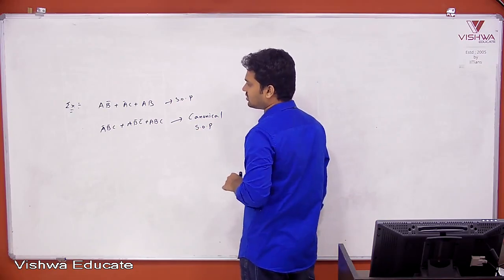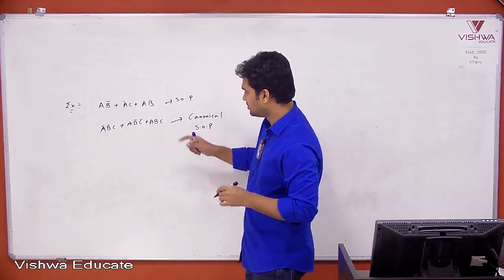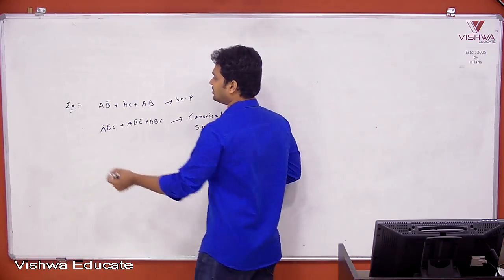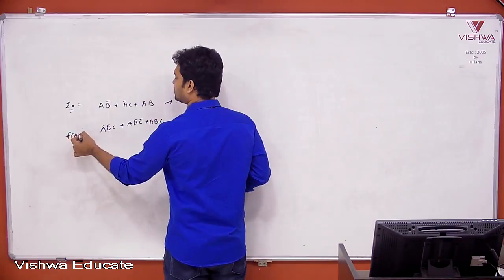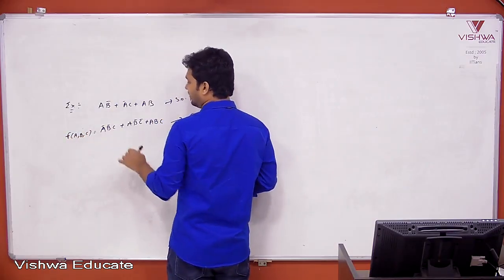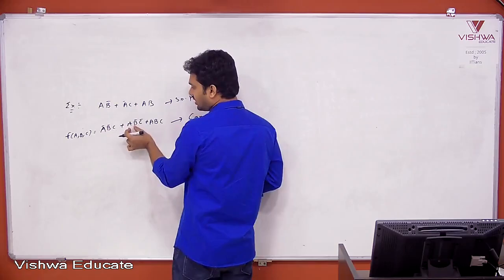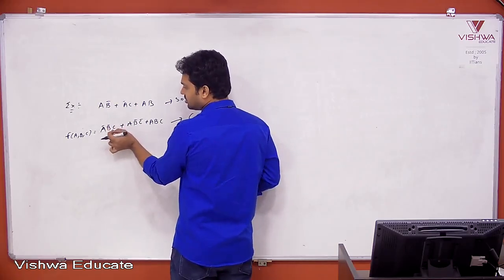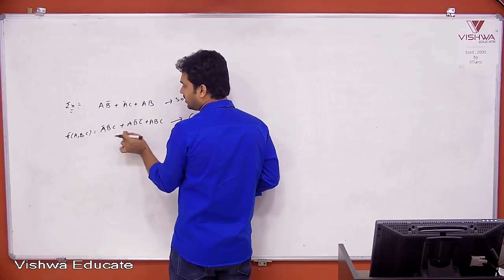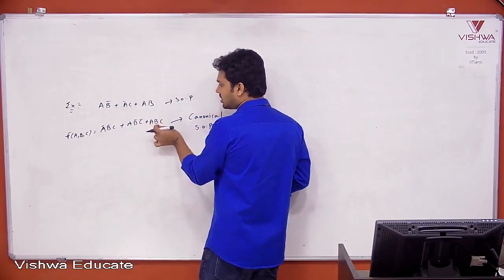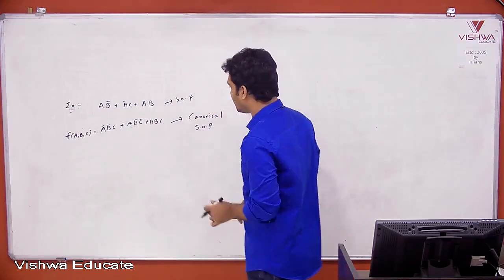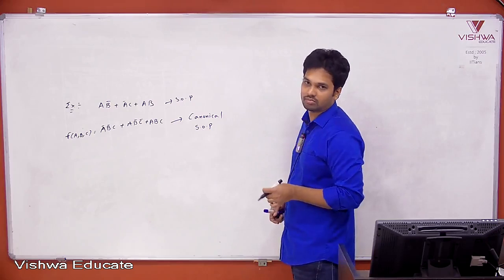What is the difference, sir? Here you can understand, if you observe, if it is a function f of A, B, C, if all product terms are containing all the variables, whether it is in normal or complement, doesn't matter, if all variables are present in each term, then it is called canonical form.